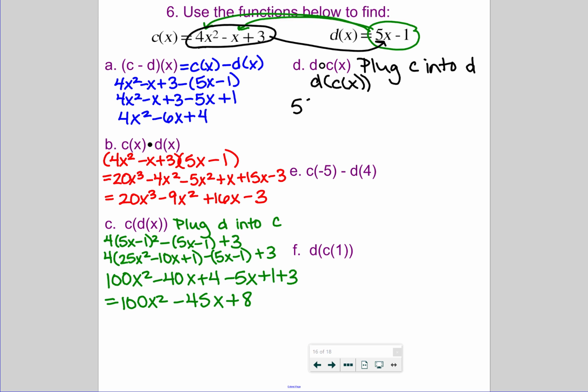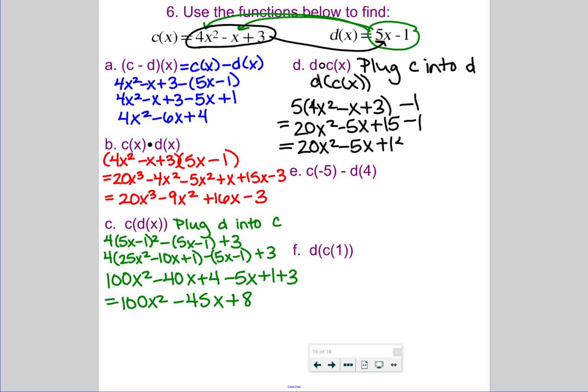That looks like 5 times 4x squared minus x plus 3 minus 1. Distribute the 5 in, 20x squared minus 5x plus 15 minus 1. And then combine like terms. 20x squared minus 5x plus 14.